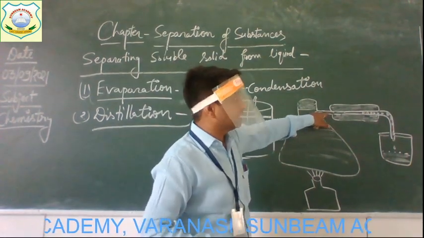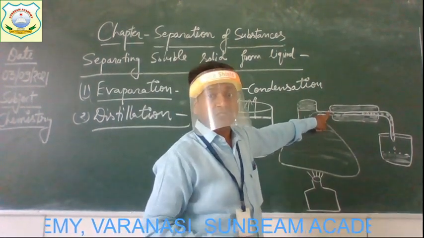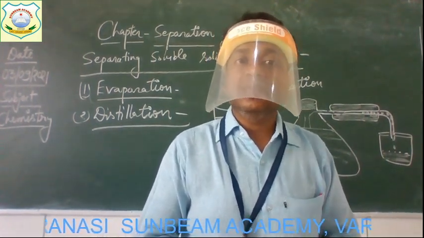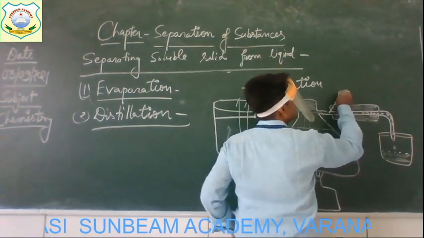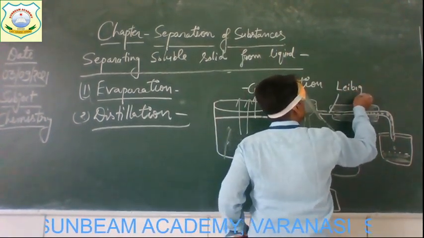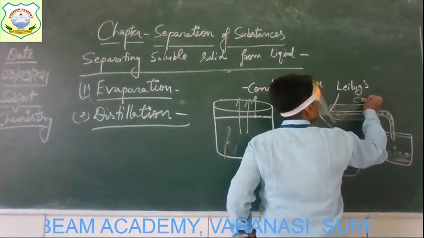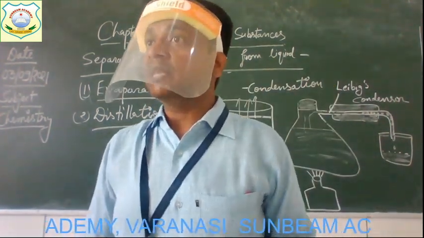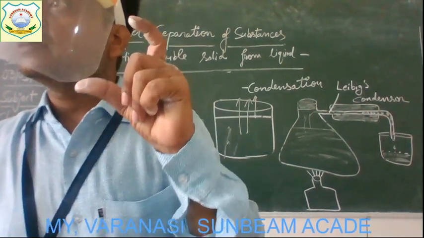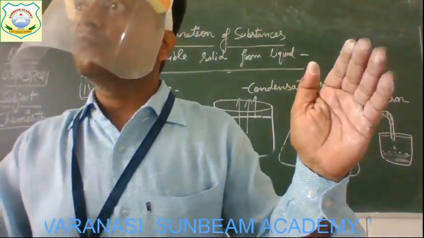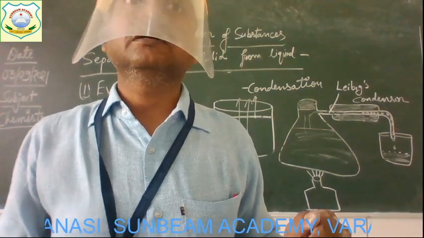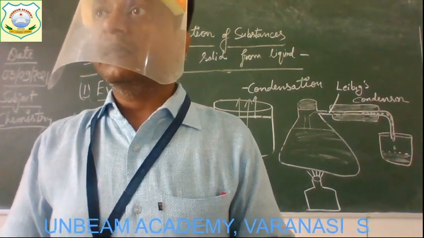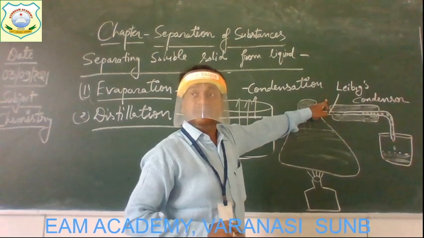The condenser used here in the distillation process has a particular name. It is known as Liebig's condenser. Understood the meaning of condenser? A condenser is an apparatus which cools water vapors into liquid. And the name of this condenser is Liebig's condenser.